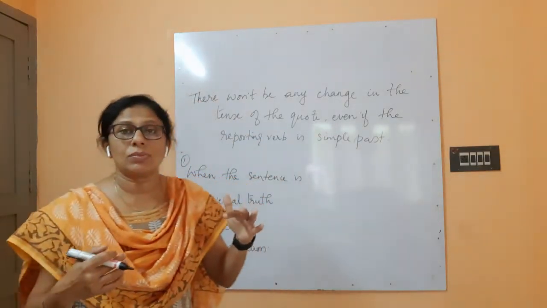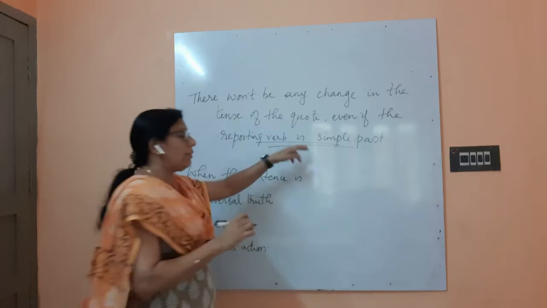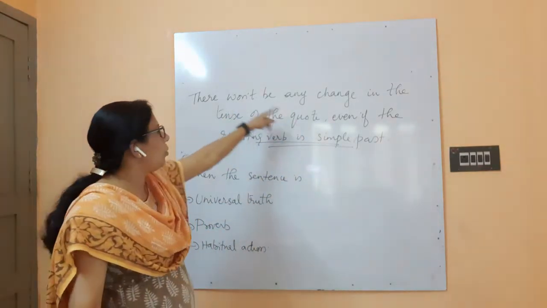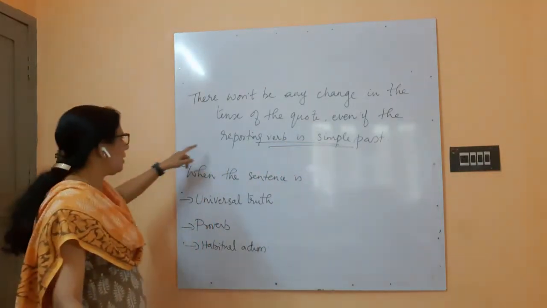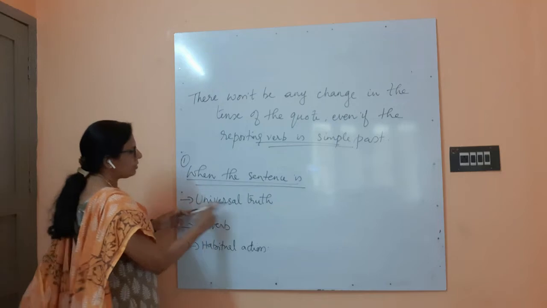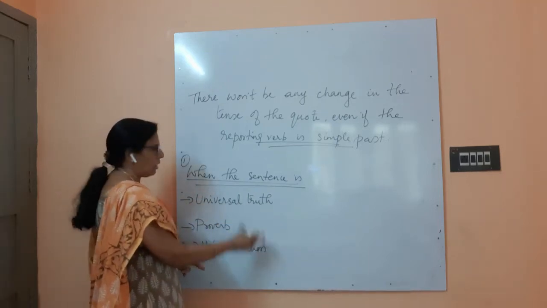And even if the reporting verb is simple past, on certain conditions there won't be any change in the tense of the quote. Okay, and which are the conditions? When the sentence given in the quote is a universal truth, a proverb, or a habitual action.